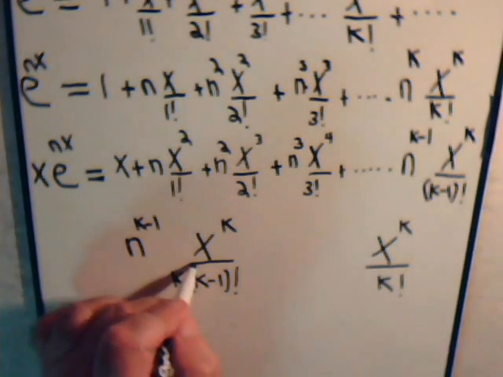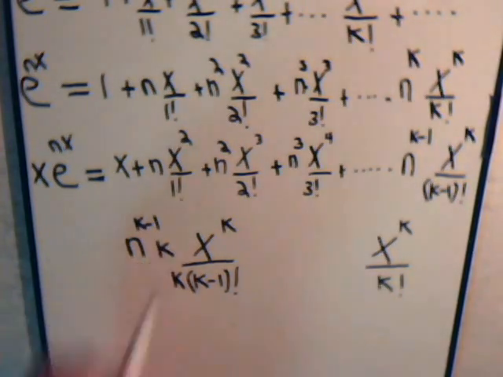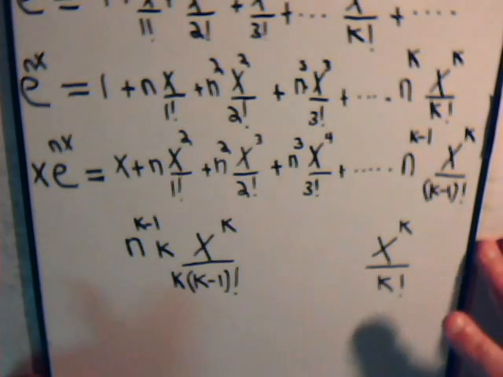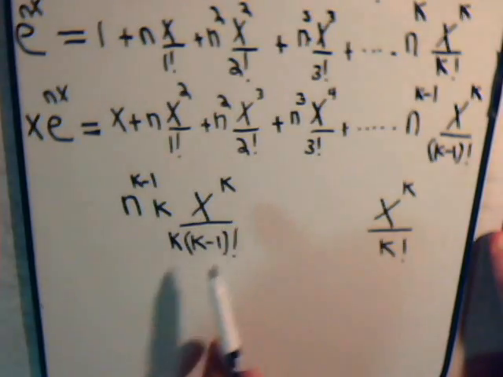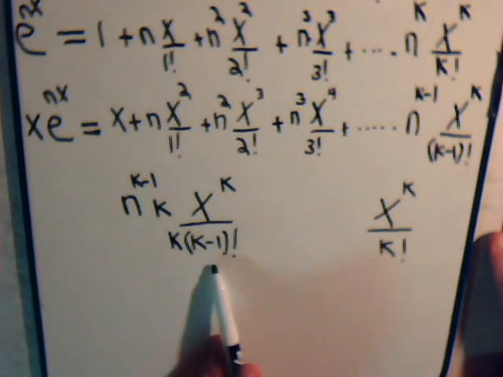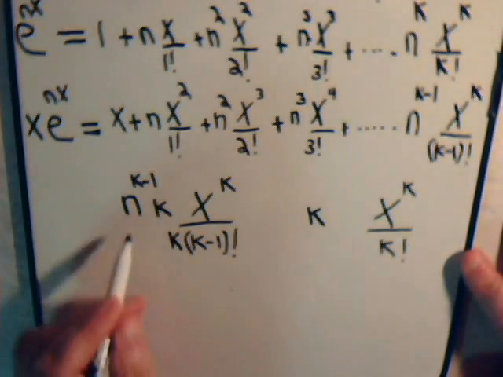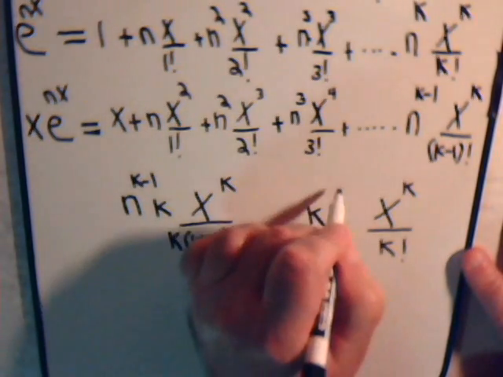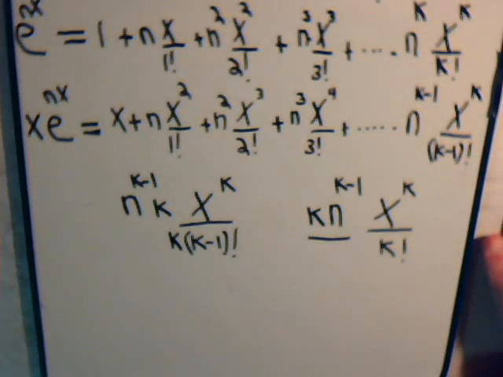So if I multiply the bottom part by k, I have to multiply the top part by k. Like this. So what we end up with is that the coefficient of x to the k divided by k factorial is equal to k times n to the k minus 1.